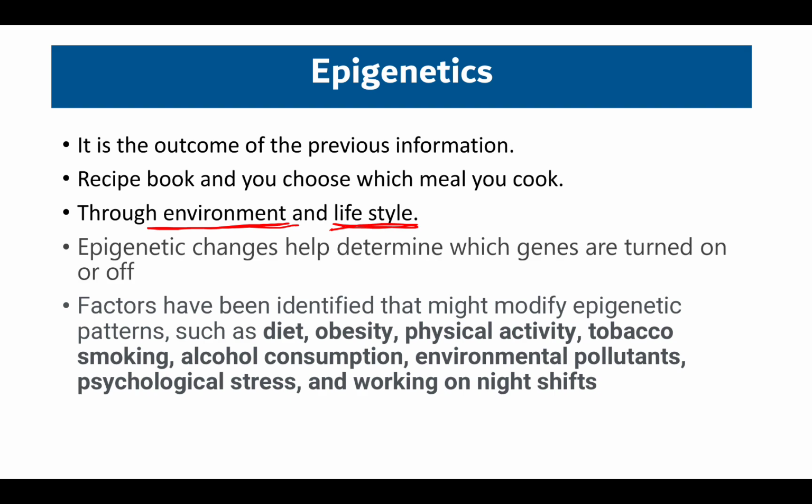What happens here is the environment: what you eat, the activity level, the pattern of your sleep, how you think. All these factors can activate certain genes and deactivate other genes. So the factors that affect the epigenetics are the diet.